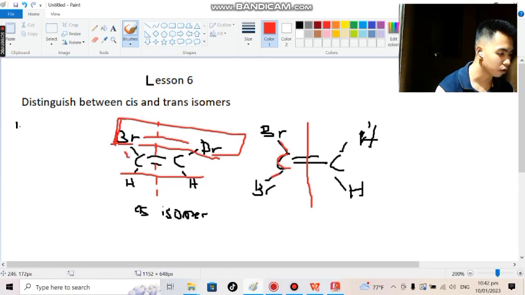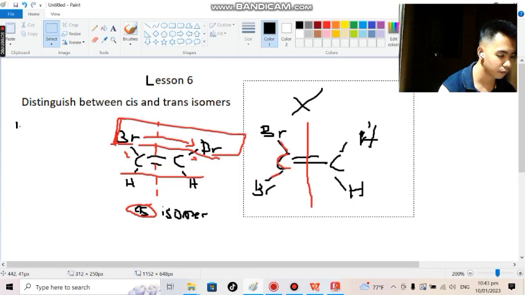The bromine in carbon 1 is on the upper side, and the bromine in carbon 2 is on the upper side also. So this means that they are on the same side, which means that our isomer is a cis isomer, and this is not a cis isomer.